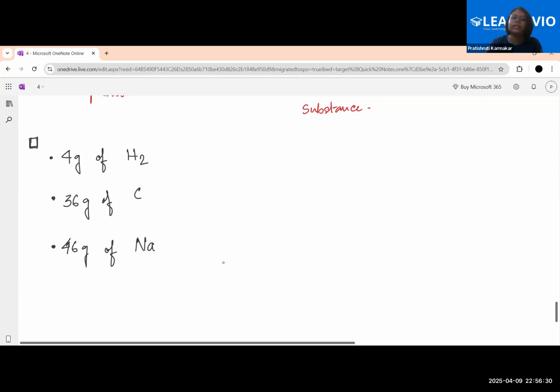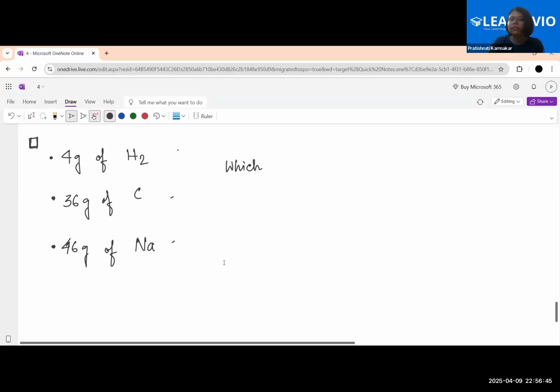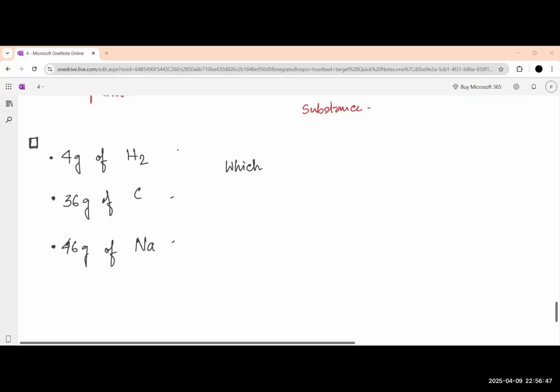Okay, these are the 3 things we have. You have to tell me again which of these 3 has the maximum number of atoms. The similar thing we have done in the last class, right? Yes, ma'am. So tell me which has the maximum number of atoms. Calculate and tell me.